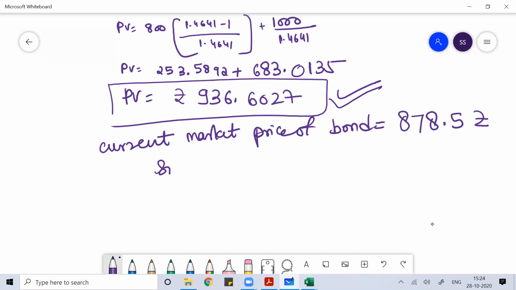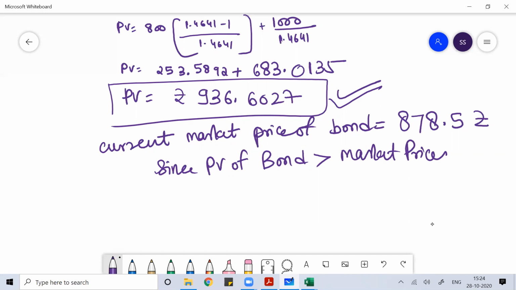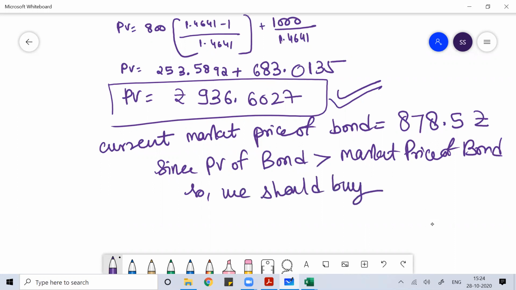So since the present value of the bond is more than the market price of the bond, this value is more, the price is less right now in the market, so it is worth buying. So we should buy this bond.